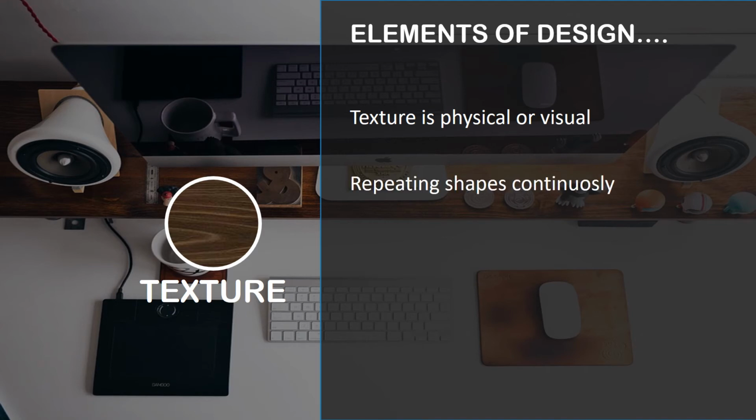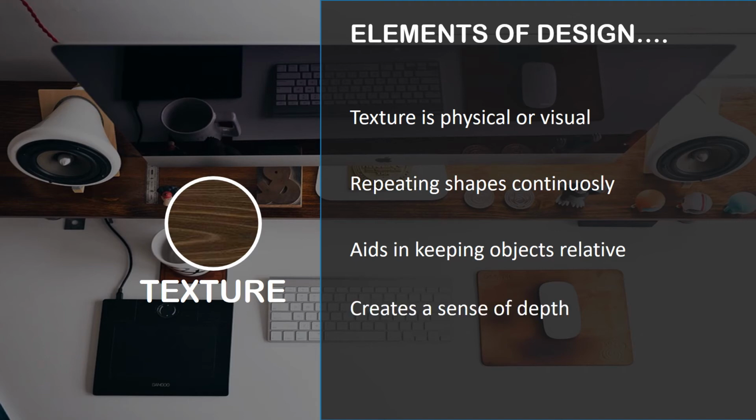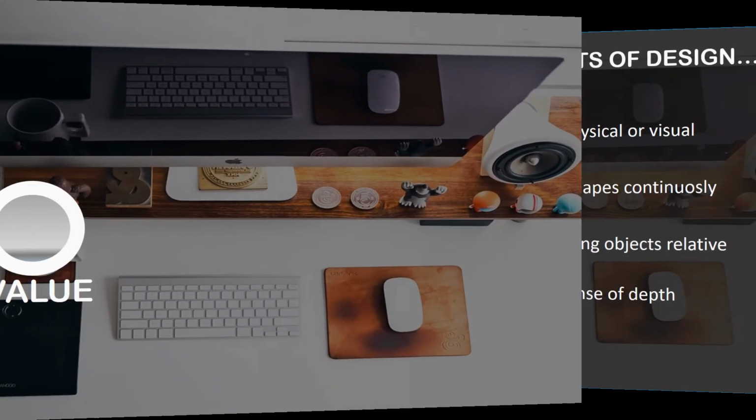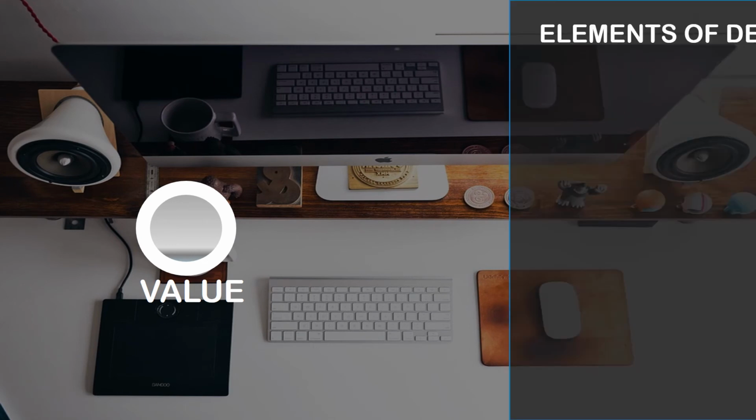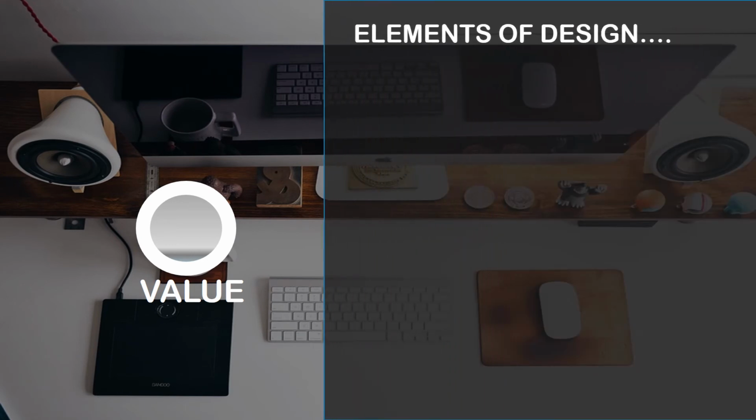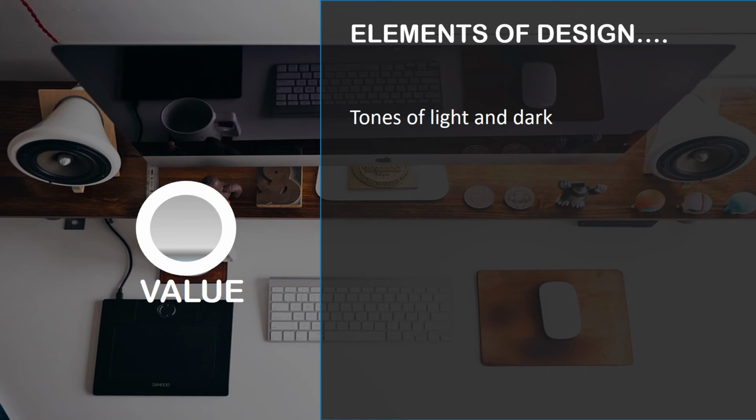It repeats shape continuously, aids in making objects natural, and it also creates a sense of depth. Value. Value, the tones of lights and darks, refers to the shades of grey or grey scale. In the same way as making use of color, we make use of value to emphasize certain aspects of design.